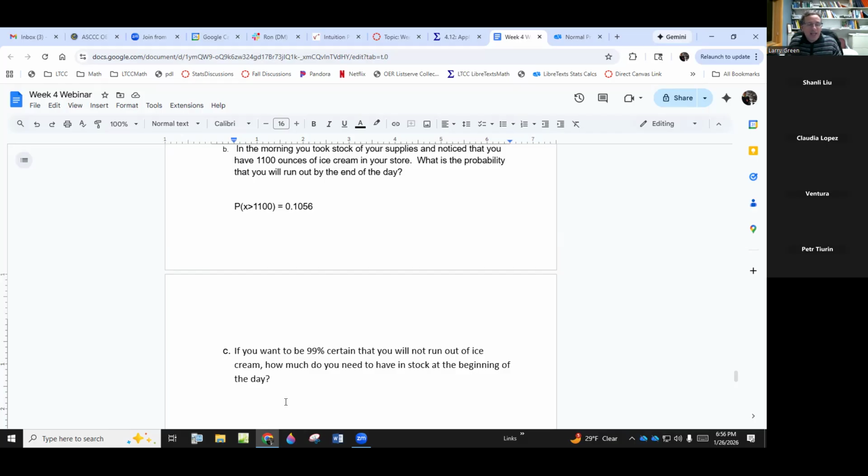Okay, so if you want to be 99% certain you're not going to run out of ice cream, how much do you need to have in stock at the beginning of the day? Any questions on the question? On this one, we're given the probability and we want to find our value of X. So the probability that X is greater than what number will give you 0.99.